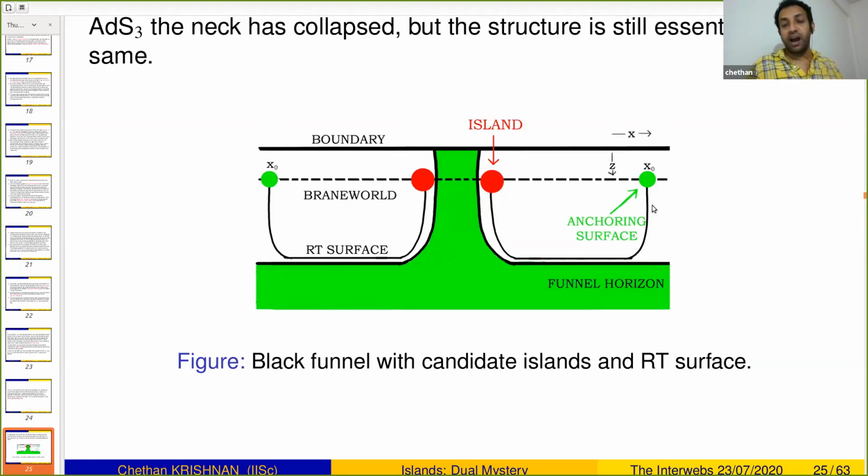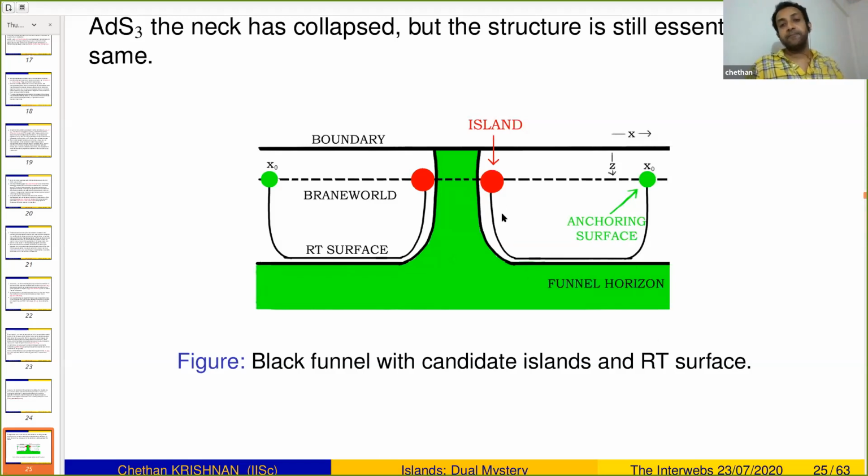And this is hard. The basic striking point about these extremal surfaces is that there are 2 kinds. One kind starts from here and just falls into the funnel horizon, the planar black hole horizon. These are the ones that at late times increase in area linearly, and which result in the information paradox. And then the non-trivial ones which lead to the island are the ones that I have drawn here.